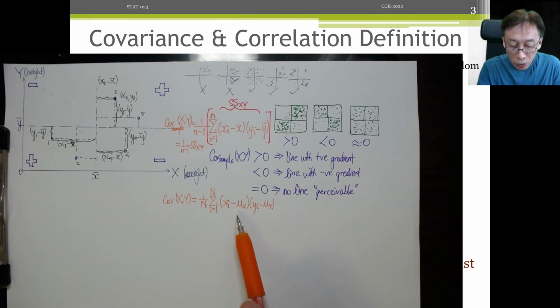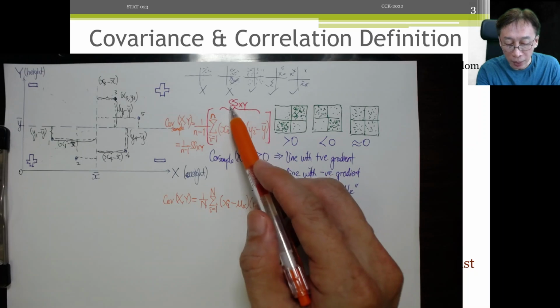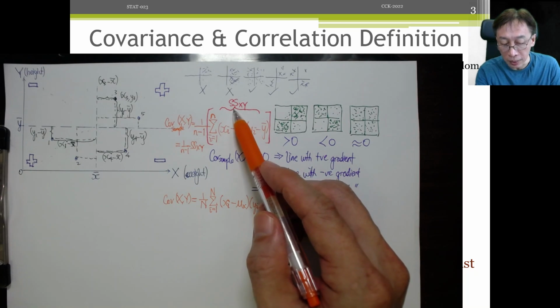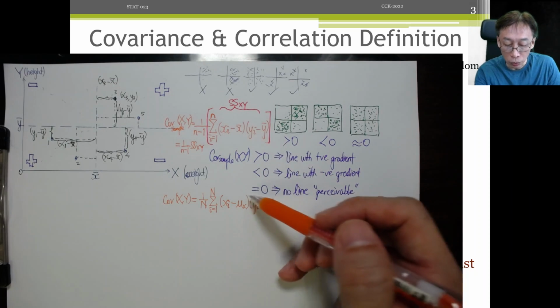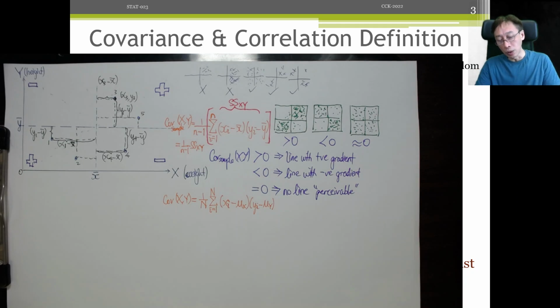Now, we don't do that for population, because SSXY, capital SS, is basically talking about sample calculation. We don't do that for population calculations because when we operate on populations, it's mostly theoretical. We use our theoretical findings to help us calculate and gain more insight in our sample measurements and calculations.